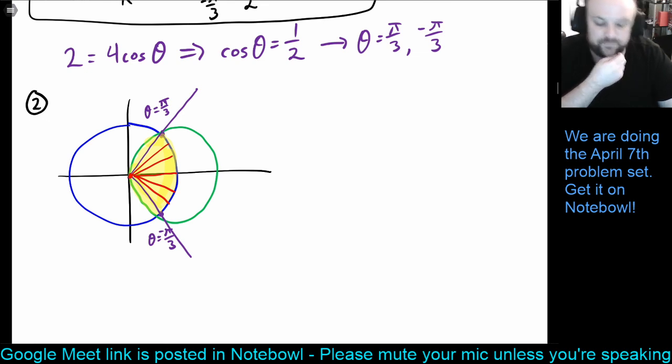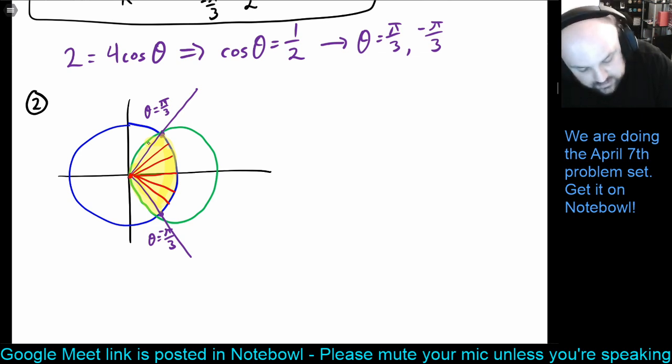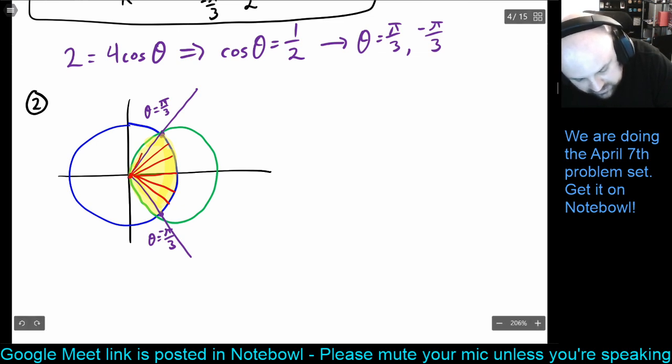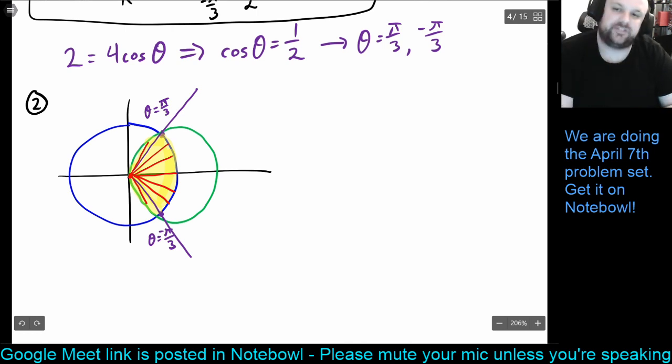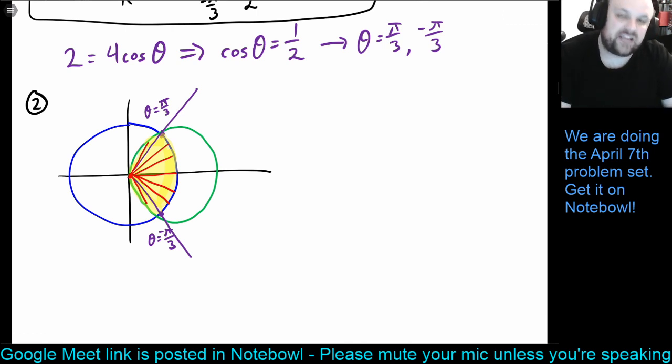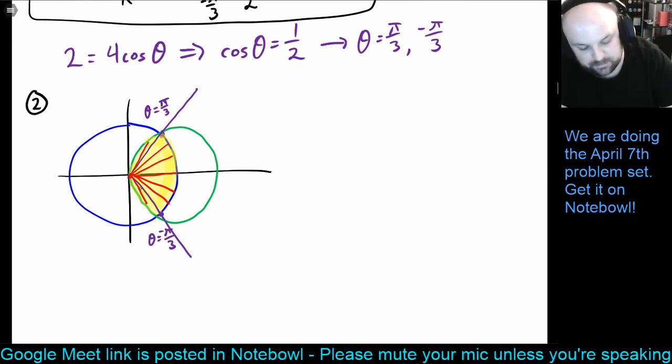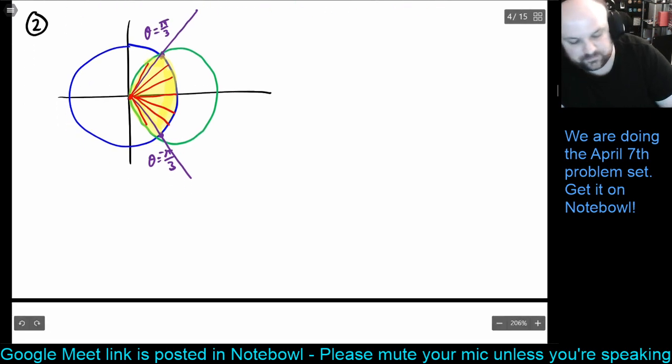On the other hand, beyond this, there's still some highlighted area. Here we're starting at the origin and now ending at the green curve in those two regions. So we actually have to split this integral into 3 pieces: this bottom wedge, this middle wedge, and this top wedge.